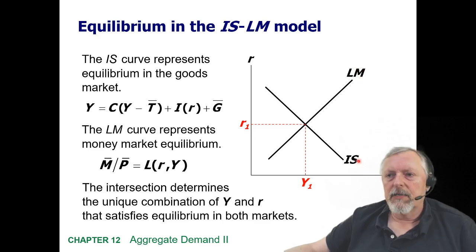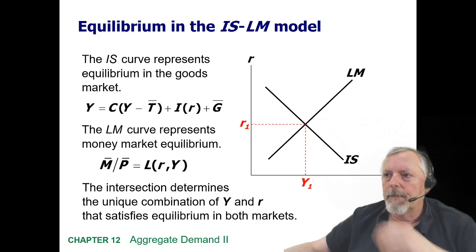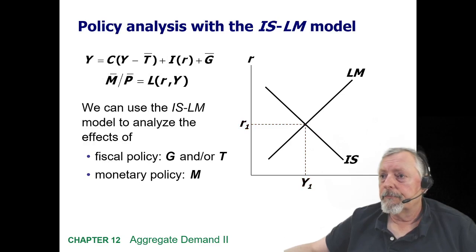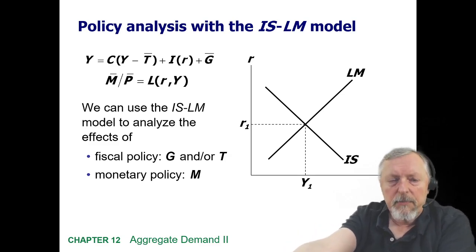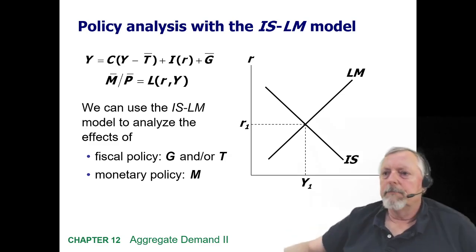IS, investment savings. We usually shorten it to the money market and the goods market. So this intersection, that's the one combination of output and interest rate that allows both these markets to be in equilibrium.